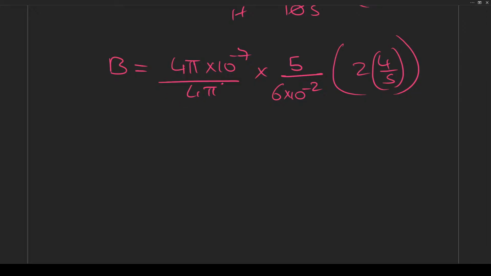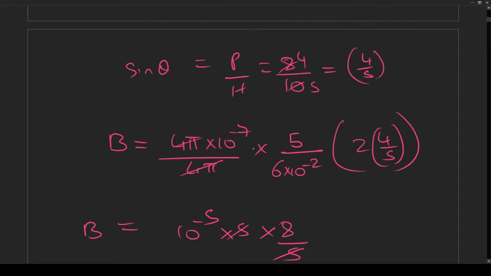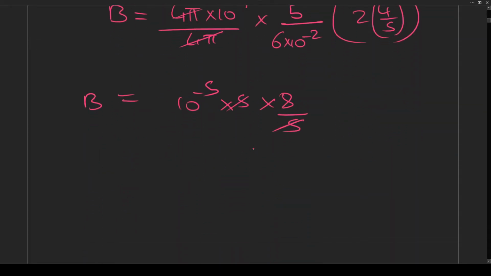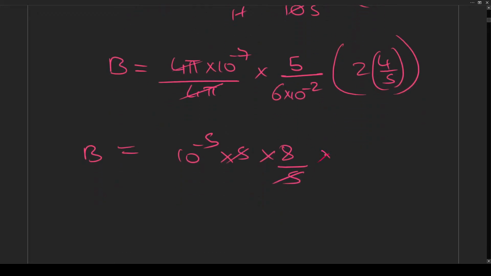When we solve this, we will get B equal to 10 power minus 5 times 5 times 8 by 5, and into 1 by 6.